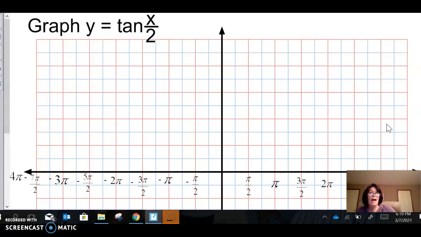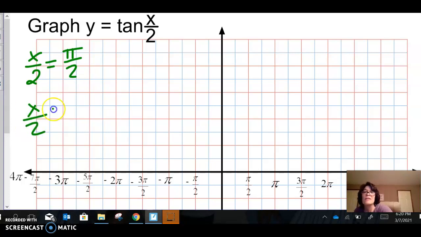I want to know when I'm taking the tangent of an odd pi over 2. So when is x over 2 going to be pi over 2? Because then I know that's going to be undefined. When is x over 2 going to be negative pi over 2? There's another undefined. Those are my first two undefineds.